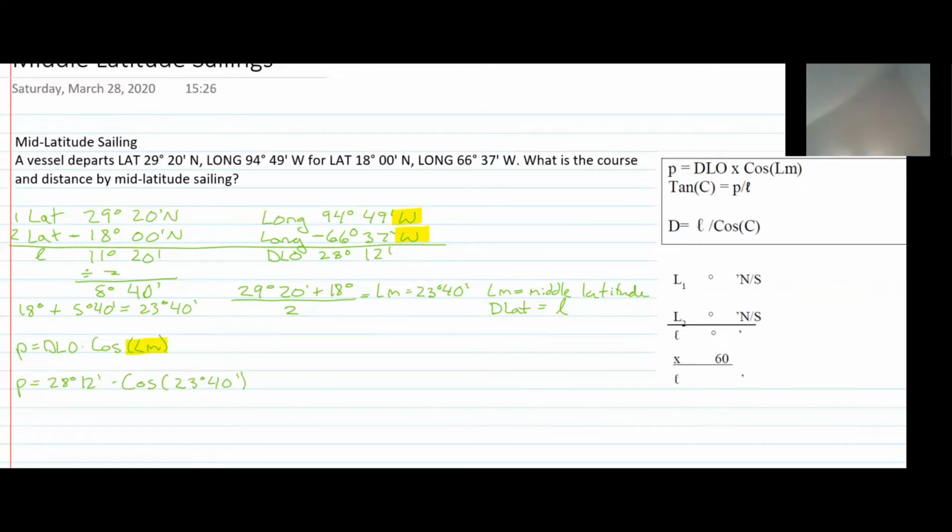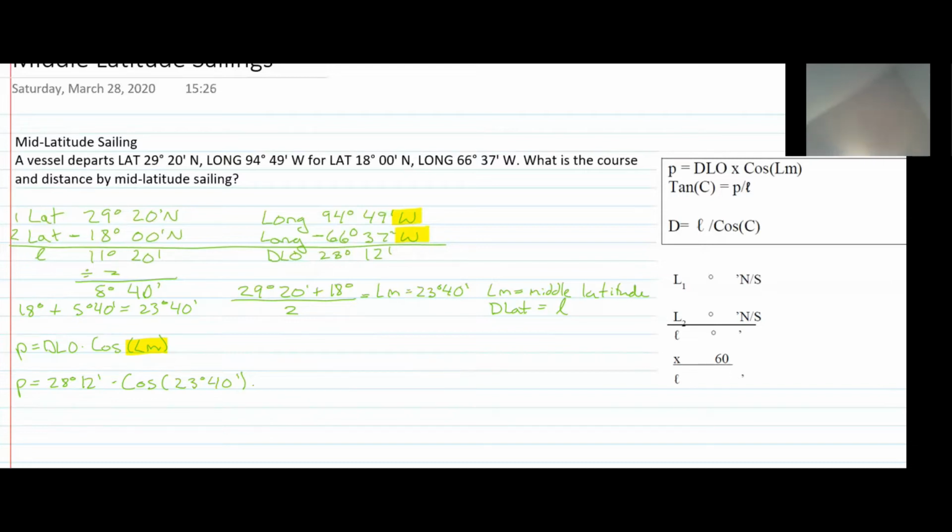So you'll need to type that into the calculator: 28 degrees, 12 minutes, times cosine, and have your parenthesis open. It should automatically do this for most calculators. 23 degrees, 40 minutes, and close that parenthesis. It's very important to do that.